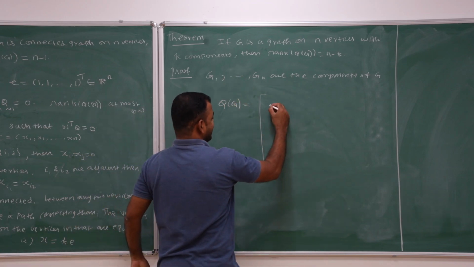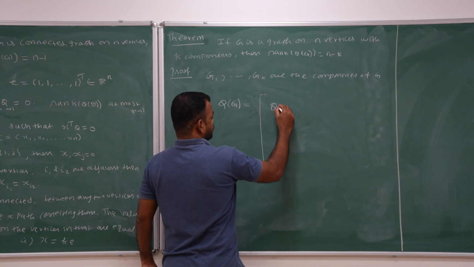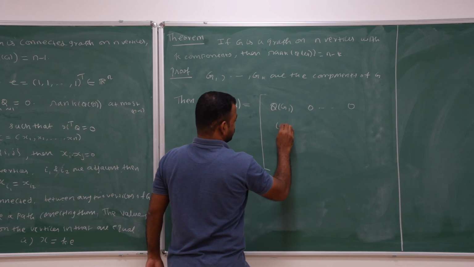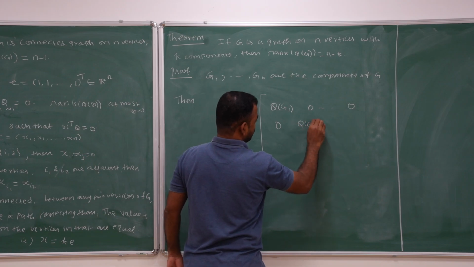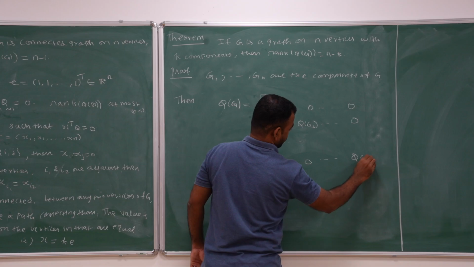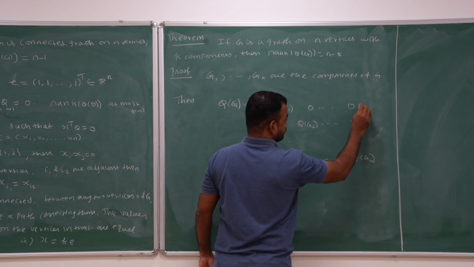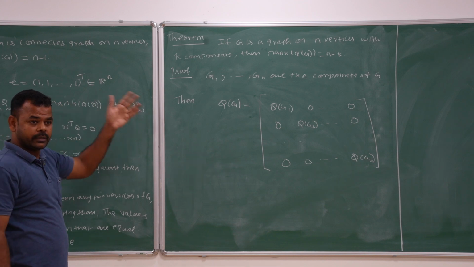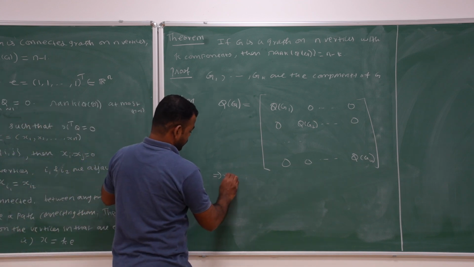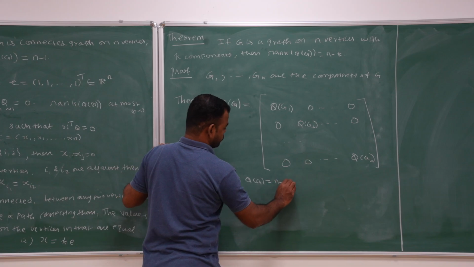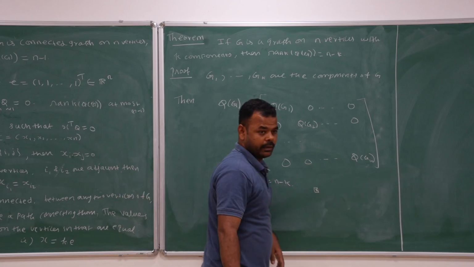Okay, so it will be a block diagonal matrix. So this is Q of G1, 0, 0, 0, Q of G2, 0. Now for each of the components you can apply the result which we proved here. So that implies rank of Q of G is equal to n minus k.